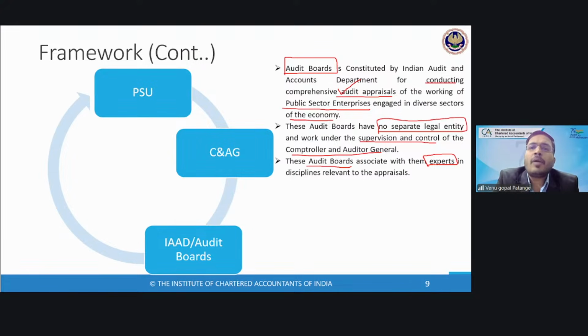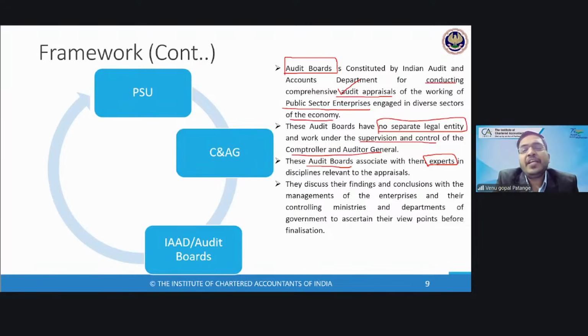Let us talk about performance audit. In performance audit, you want to know how the money was spent, how the factory is running, how the building is constructed, how employees are working. Probably audit boards, IAAD and C&AG may not have expertise in that area, so they need help of experts. So audit boards also take help of experts whenever relevant.